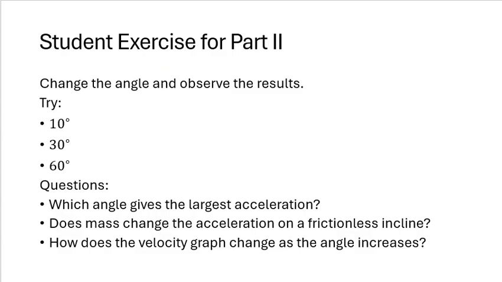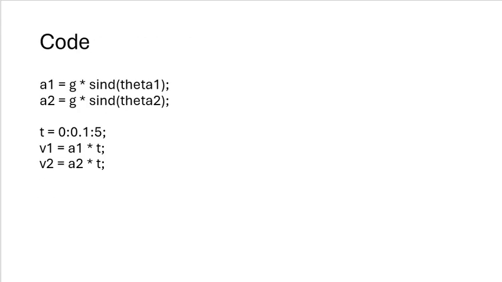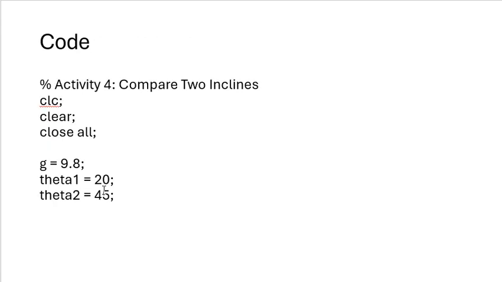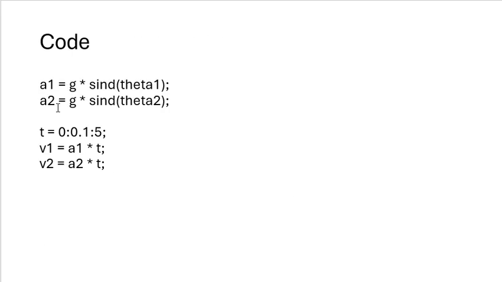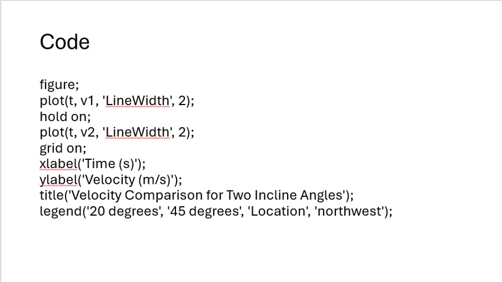That's your comparison. And of course, the student exercise part 2, you will change to 10, 30, and 60. Here you're going to get one more line. You have two angles already, so add theta 3, and your theta 3 is 60. Since you have theta 3, you're going to have A3. The same thing, put theta 3 in there. You will have V3, and put the A3 in here, which you will get from there.